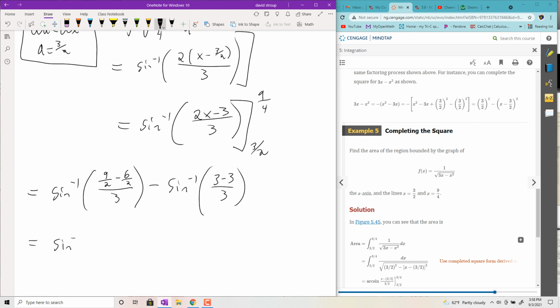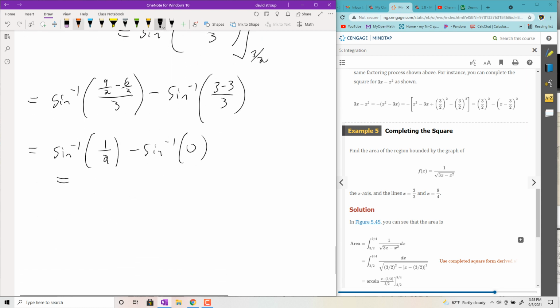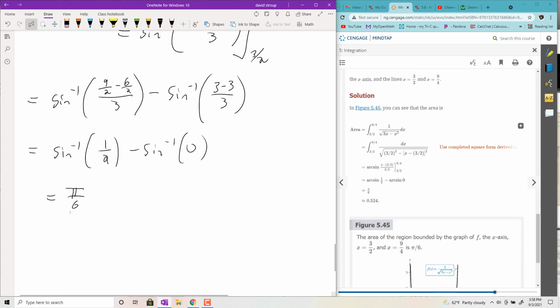So sine inverse of 3 halves all over 3 is the same as 1/2. And then minus sine inverse of 0. And of course, sine inverse ranges from negative pi over 2 to pi over 2. So the first guy is pi over 6, and then minus 0. So it's just pi over 6.